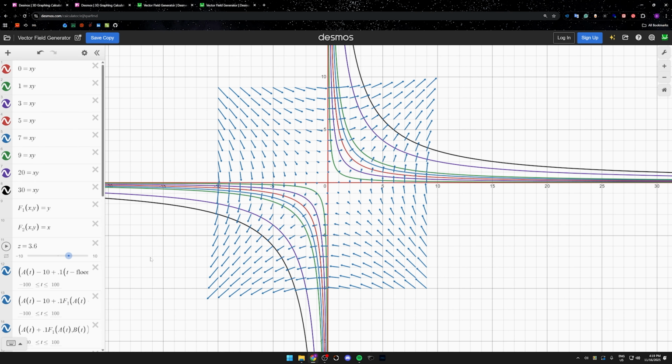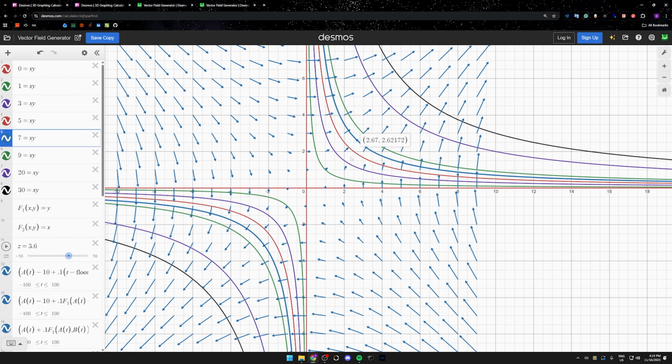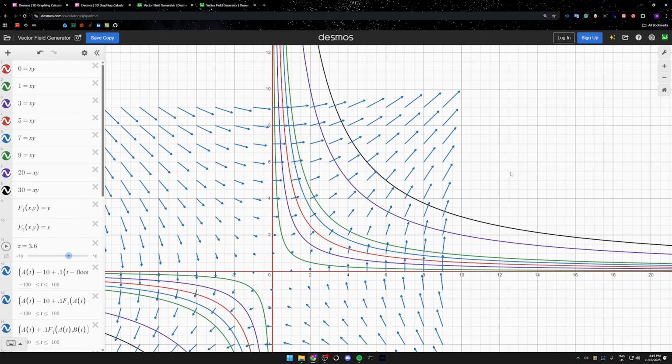And moving to Desmos, we again have a similar thing here. We have our level curves here. We also have level curves here too. But just looking at the positive z values of the level curves, you can see that the gradient is pointing from a lower level curve to a higher level curve, and it goes on and on.